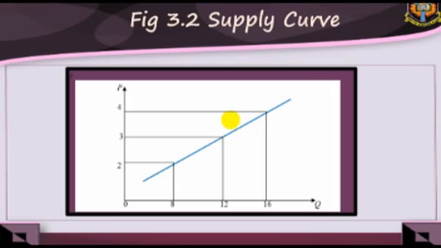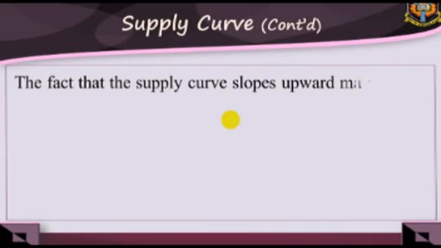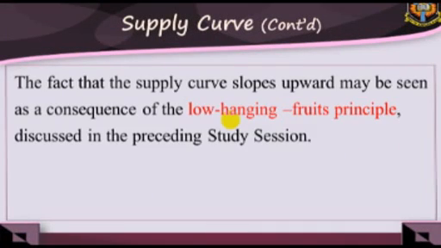The supply curve of bread will be upward sloping with respect to price. For example, figure 3.2 below shows a hypothetical supply curve for bread in a given market on a given day.